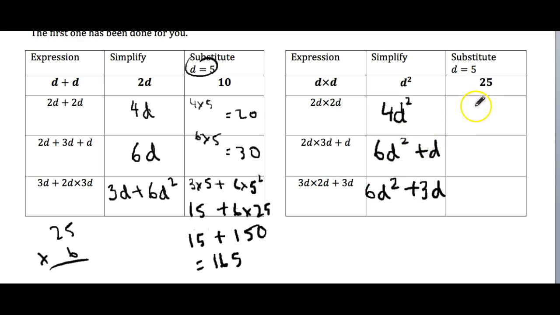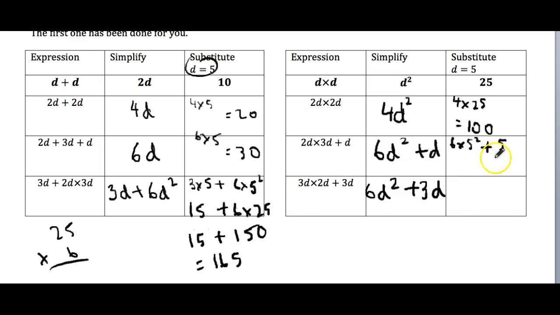Okay, let's move on to here. So 4d squared, so 4 times 25 gives you 100. Here we have 6 times 5 squared plus d. So 6 times 25, which we did over here.